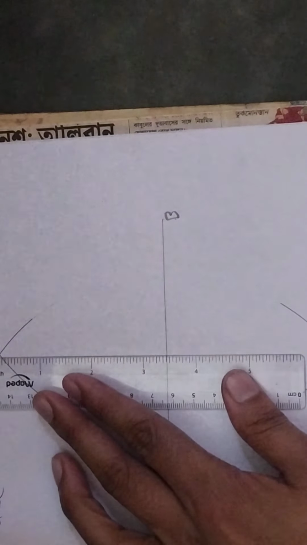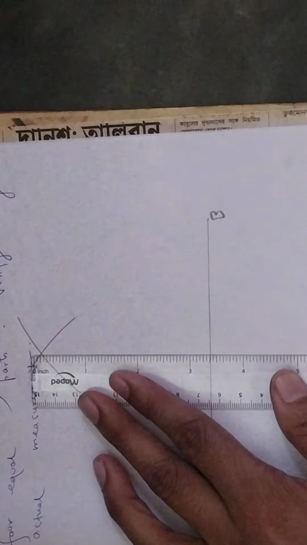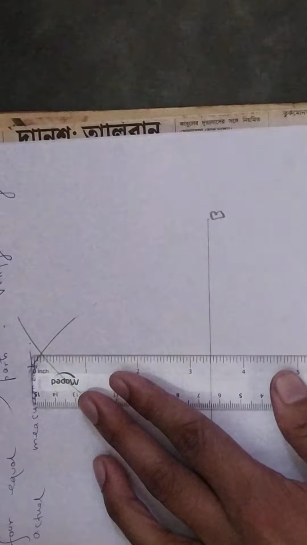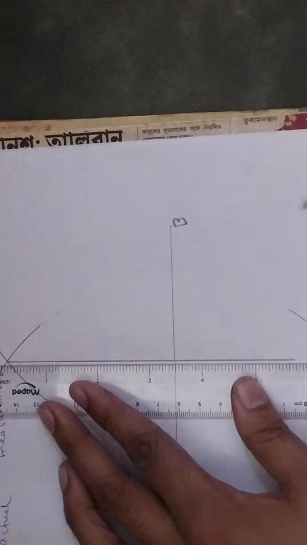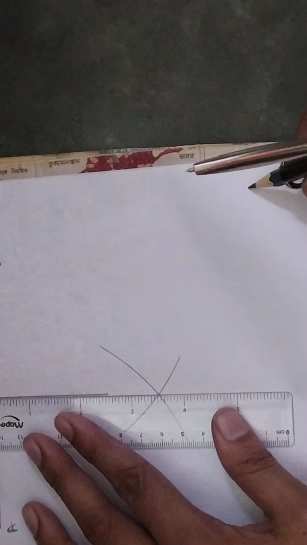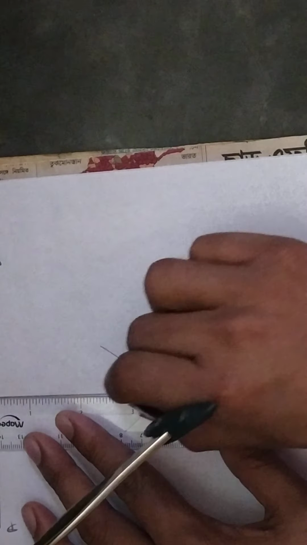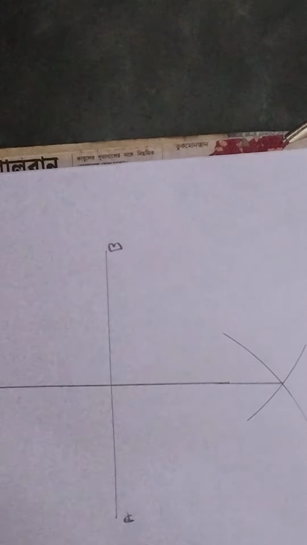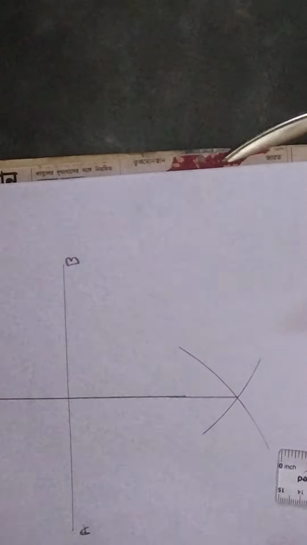Now you have to join these 2 points with the help of scale. So you can join here. This is the joining portion. You can see it's a little bit lengthier, starting from here and ending here.